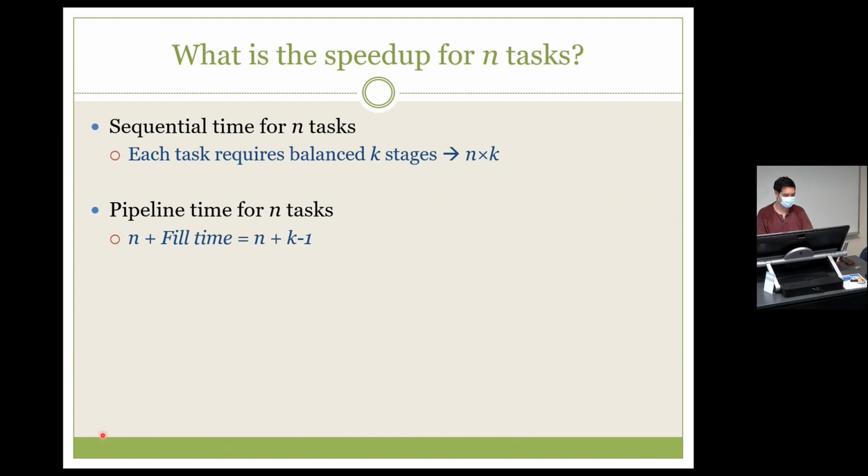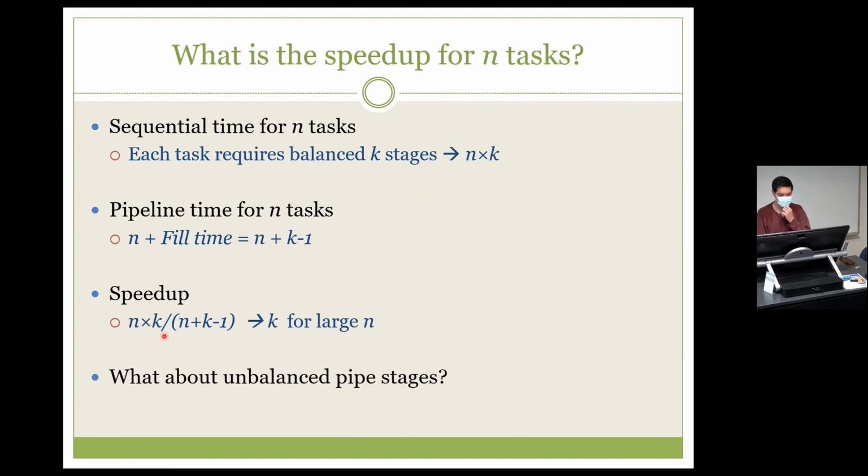This is the fill time accounted for. But if we have a sufficiently large number of tasks, we can ignore this fill time, and then we converge to just taking k amount of time instead.